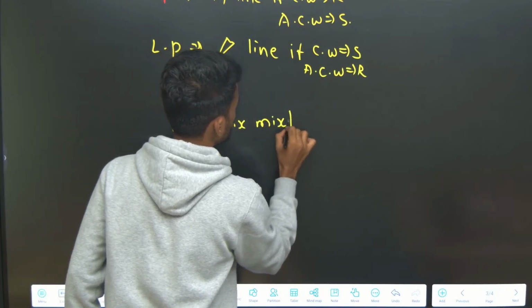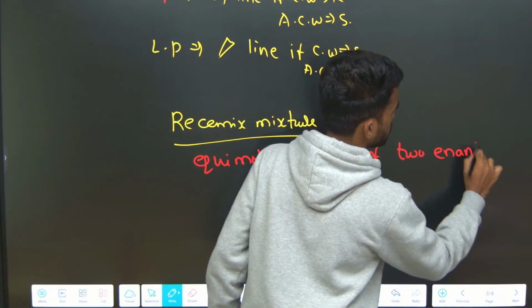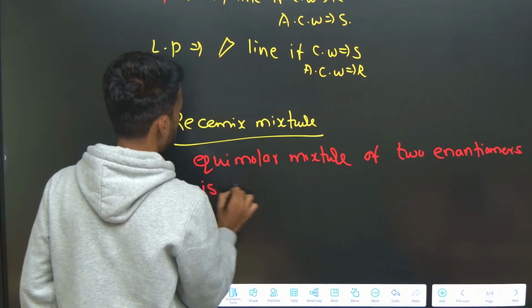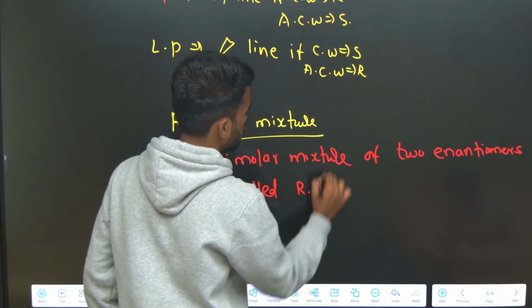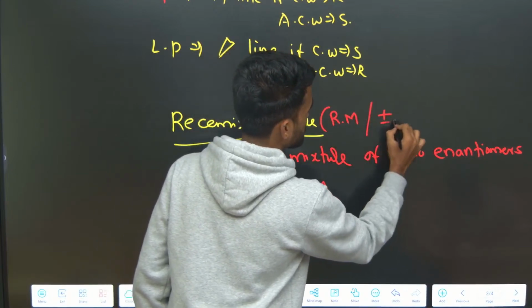What does racemic mixture mean? An equimolar mixture of two enantiomers is called a racemic mixture. In short form it is written as RM or 1 plus 1 minus.